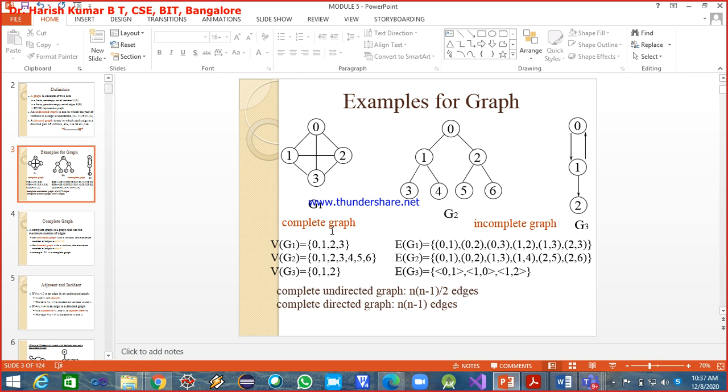You also understood how to represent the vertices and the edges of the graph, both undirected and directed, and the number of edges in a complete undirected graph and a complete directed graph.